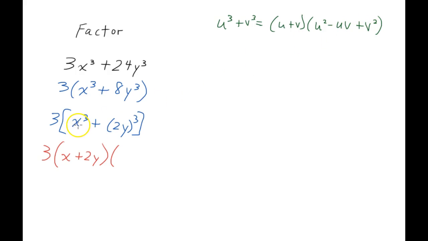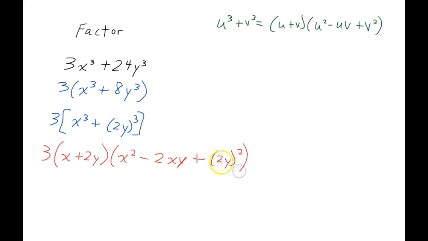So u squared would be x squared minus u times v. So that is x times 2y. So I'm going to write 2xy for x times 2y. And then plus v squared, or 2y squared. So I'm going to write that as 2y squared.